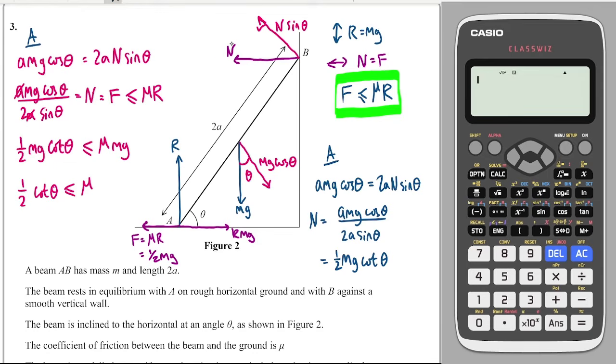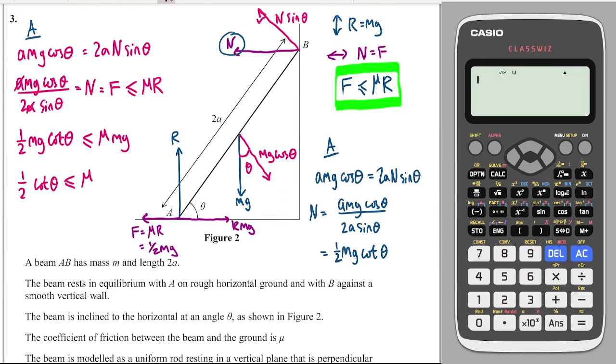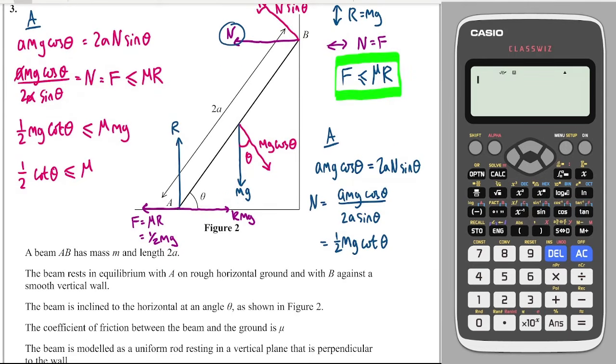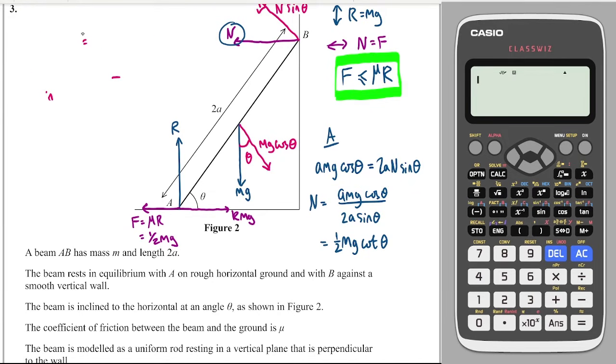Now that's the value for n, and what we now know about our horizontal components is that, let me just get rid of some of this working over here to give me some space. We know that n plus a half mg, the ones going to the left, is equal to the ones going to the right, which is kmg.